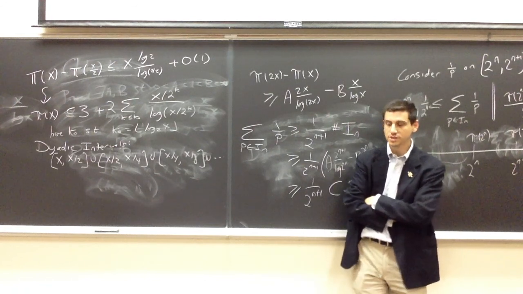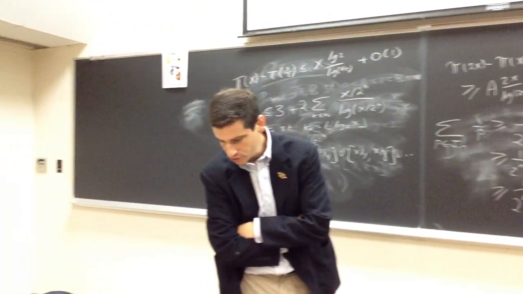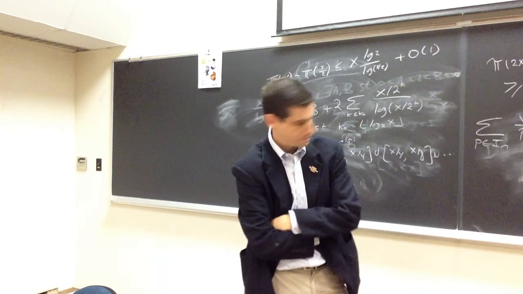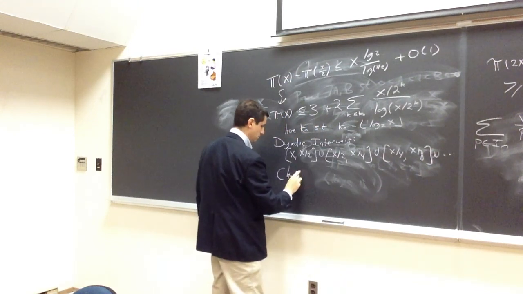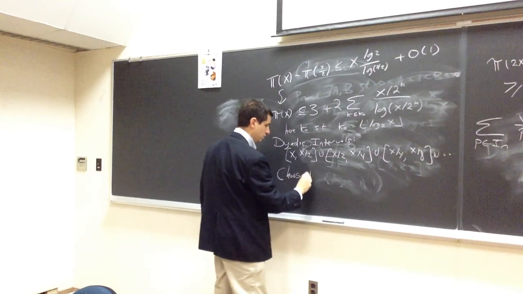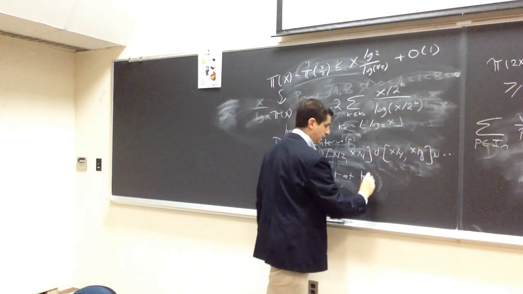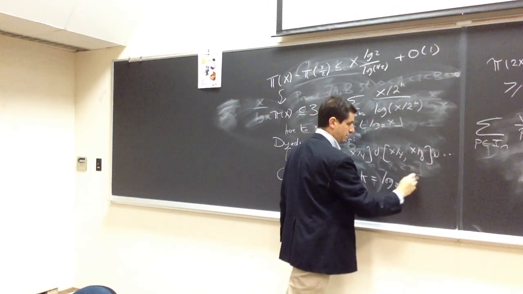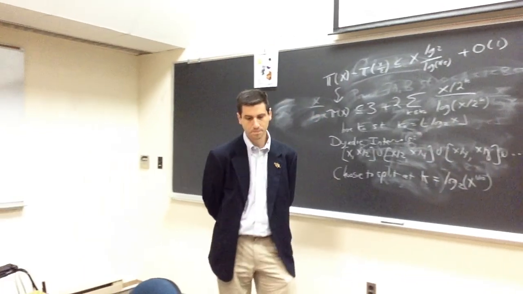And so when you have terms like this, it's always a question of where you want to split it. I chose to split it a little bit differently rather than using logs. I choose to split at k equals the log base 2 of x to the 1/10. That's where I chose to make the split.